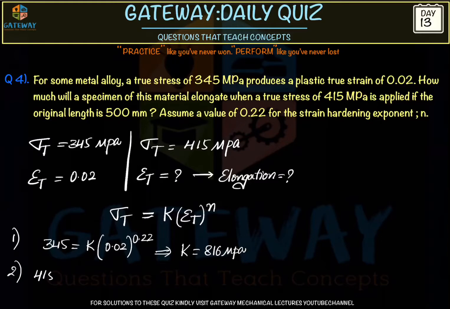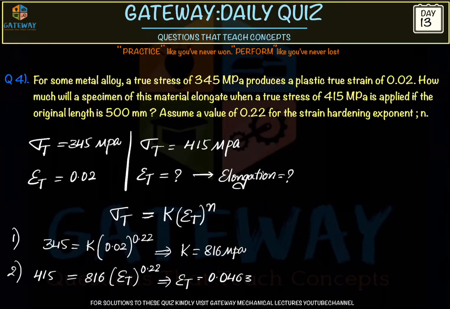The next condition is at 415 megapascals, where the K value is known, 816 megapascals, and here we calculate the true strain. The true strain came out to be 0.0463.